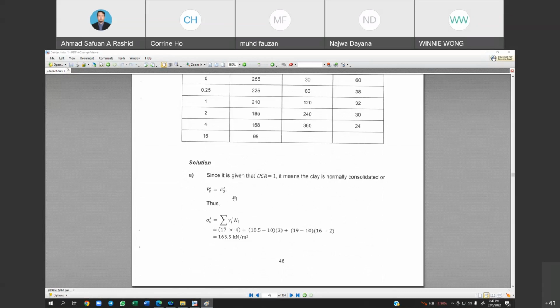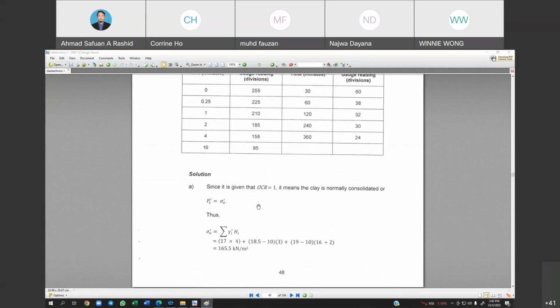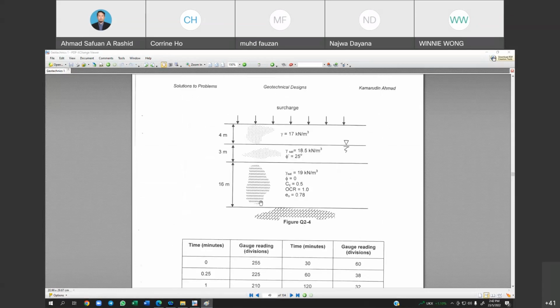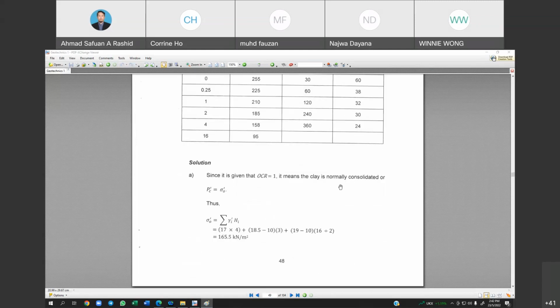So we just determine the effective vertical stress, which is 17 times 4, plus 18.5 minus 10 times 3, and then 16.16 over 2 times 19 minus 10. So the value is 165.5 for the PC as well.